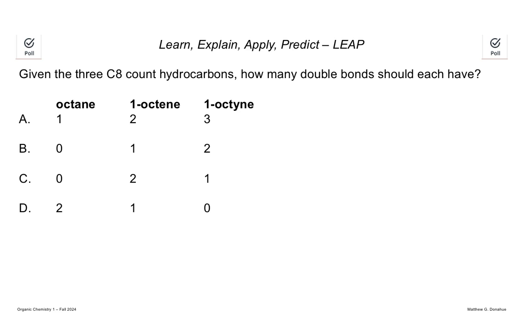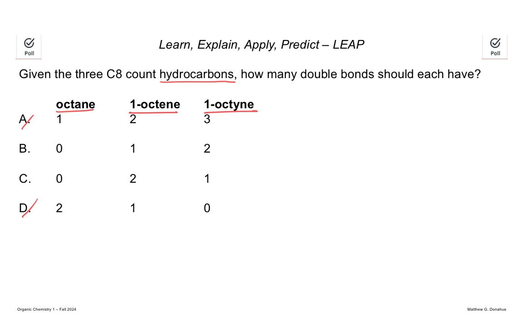So for the 3 C8 hydrocarbons with the names shown, octane, 1-octene, 1-octyne, how many double bonds should each have? So an alkane will have none. So A and D are out.